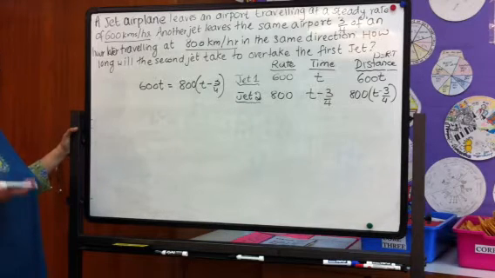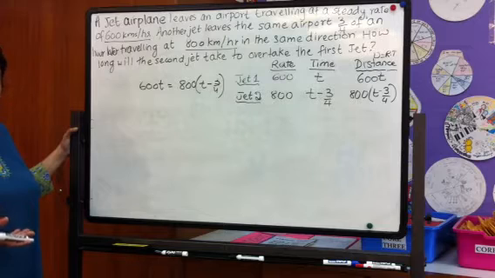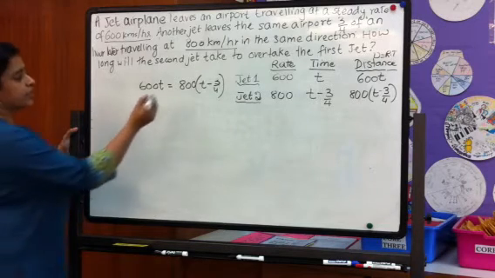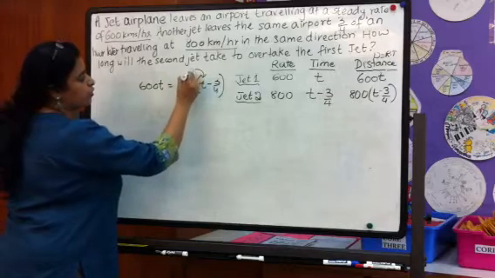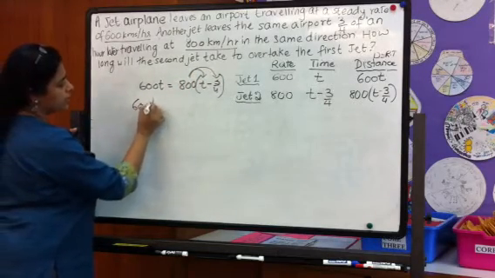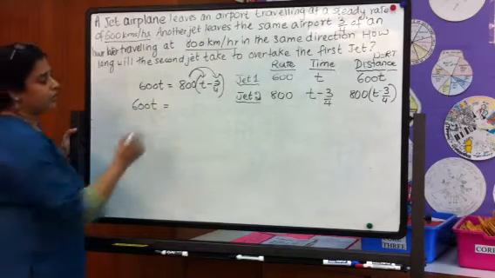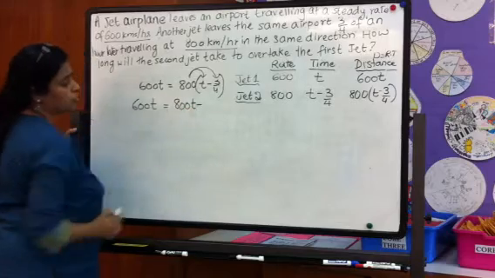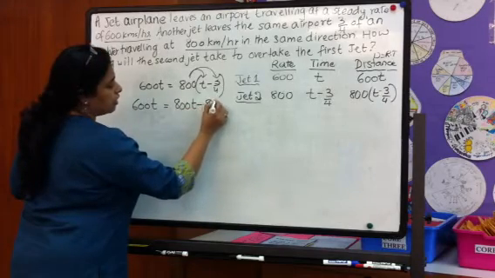Now it's time for us to solve this equation. Like all equations, we look to see if there are any brackets, and then we must make sure that we simplify the bracket. In this case, we'll use the distributive property to simplify it. 600t remains as it is, and we use the distributive property to simplify our bracket.